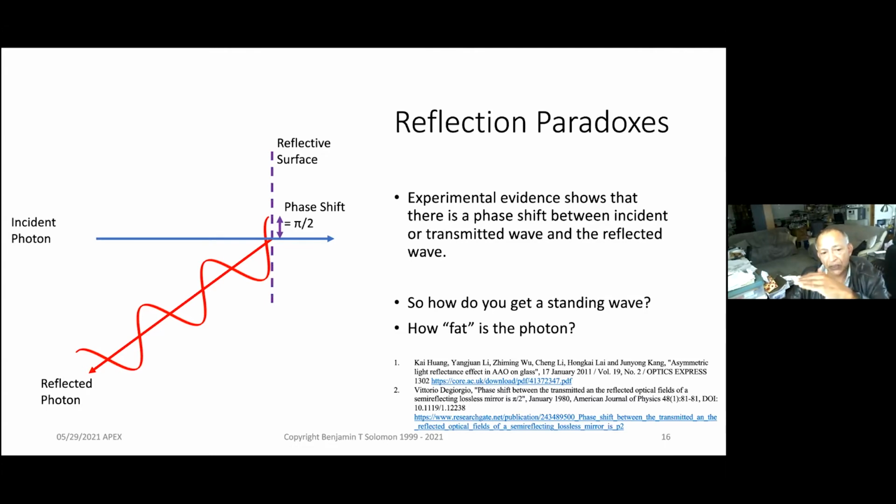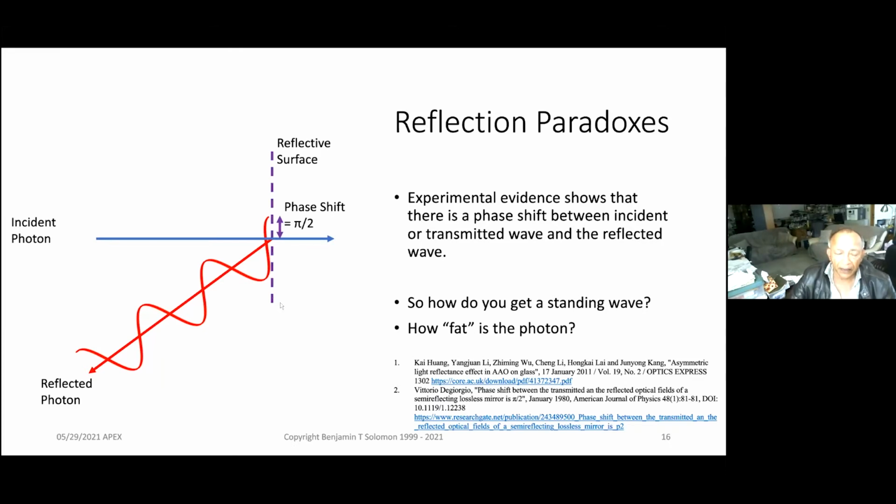Some of it passes through, some of it gets reflected back, and there is about a 90-degree phase shift between the incoming or transmitted wave and the reflected wave, which is very shocking, because if you think about it, if there's a phase shift, you cannot make a standing wave.